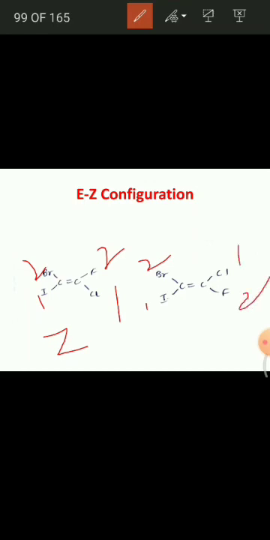Next, this molecule also, see here, iodine 1, bromine 2, chlorine 1, chlorine 2, same side Z; iodine 1, bromine 2, chlorine 1, chlorine 2, opposite side E configuration molecule.